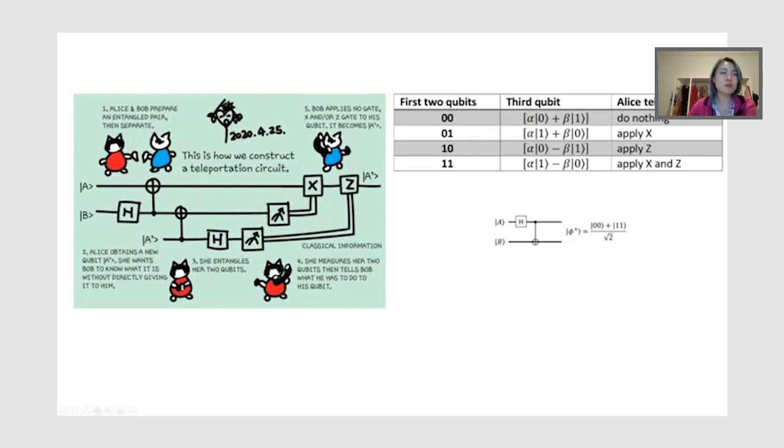But then she could entangle the 2 qubits that she has in her possession. Then she does a measurement of her qubits. Based on her results, she can tell Bob what to do with his qubit, basically applying some gates to change Bob's qubit to A dash. So this is the teleportation circuit.